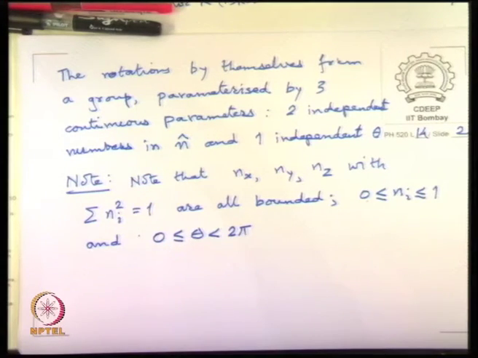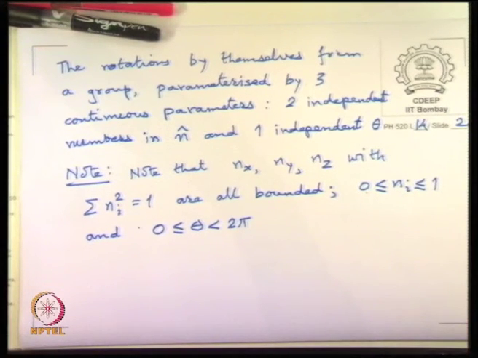The rotation is maximum by an angle 2 pi. So, all of these parameters are bounded. This is going to be one characterizing feature of the group, whether the parameters are bounded or unbounded. That is the nature of this particular group.